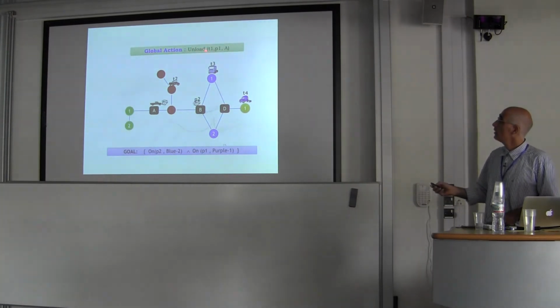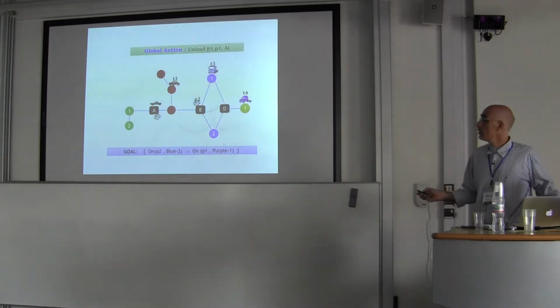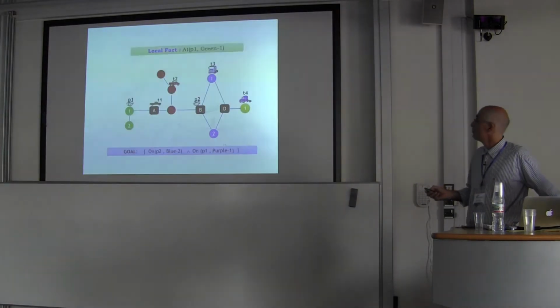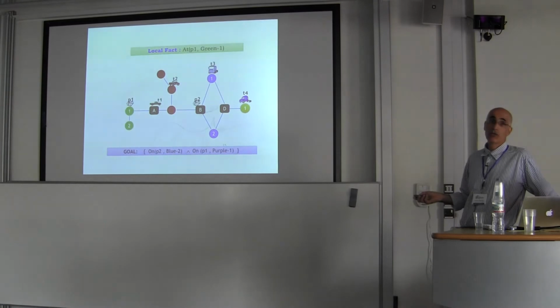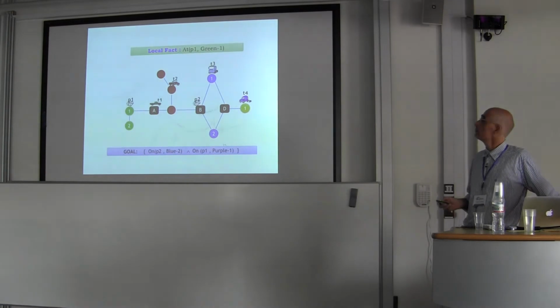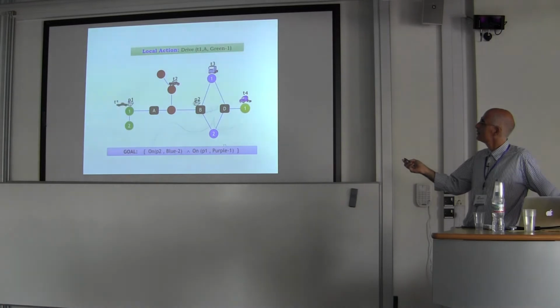Okay, the action of unloading package 1 by truck 1 at this location is a global action, because the location of the package impacts both the action of loading and unloading by truck 2 in A and loading and unloading by truck 1 in A. Fine.